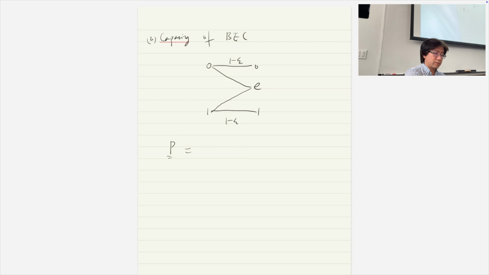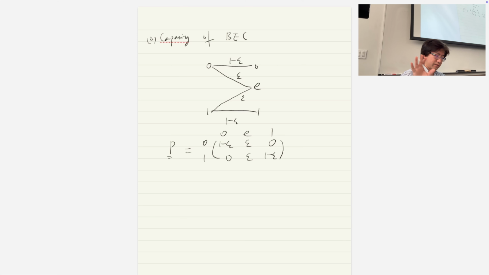It will now be a matrix, sorry, a non-square matrix, with inputs 0, 1 and outputs 0, e, 1. The probabilities from 0 are 1 minus epsilon, epsilon, and 0, and from 1 to 0 is 0, then epsilon, 1 minus epsilon.